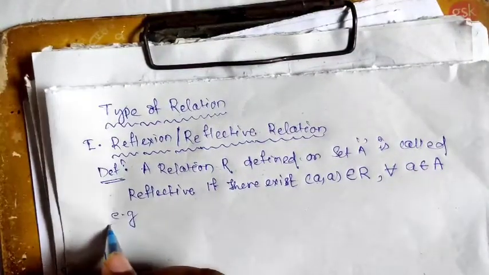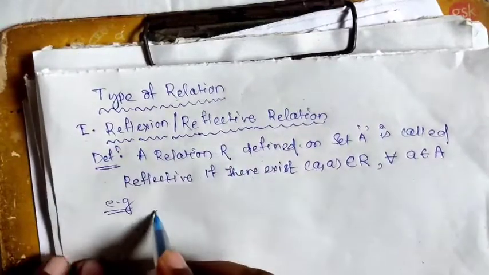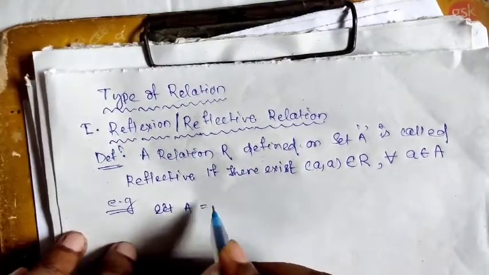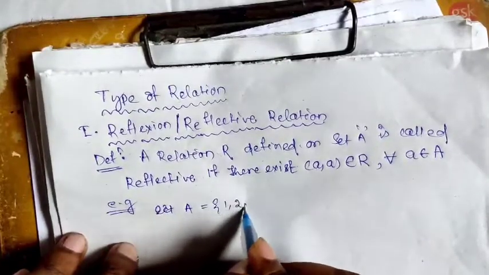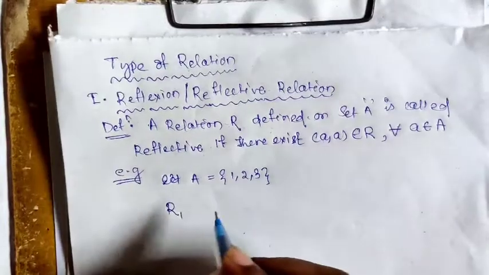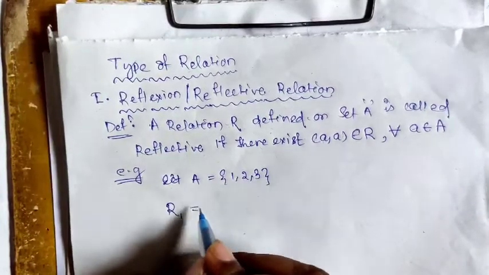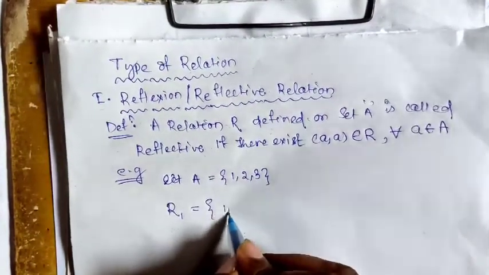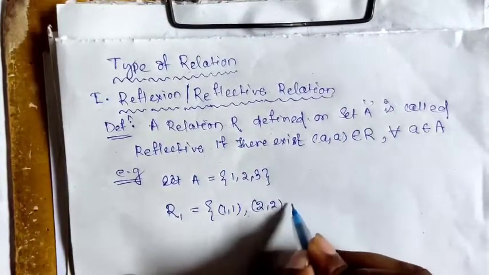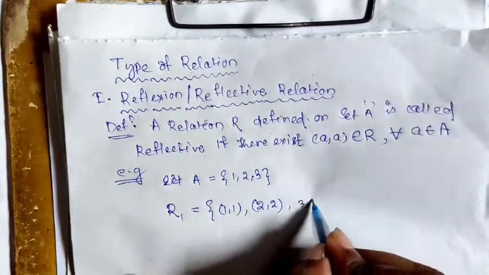Example: let set A have elements 1, 2, 3. Relation R1 has ordered pairs (1,1), (2,2), (3,3).